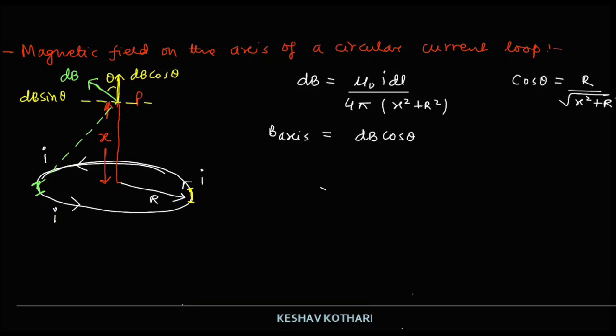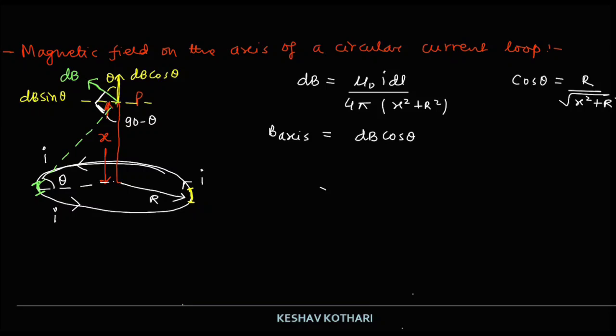Basically, if this angle is theta and this one is 90 degree, this will be 90 minus theta, and hence this angle will be theta which we are looking for. From this triangle I can say that cos theta is base by hypotenuse, that is r upon under root of r square plus x square.